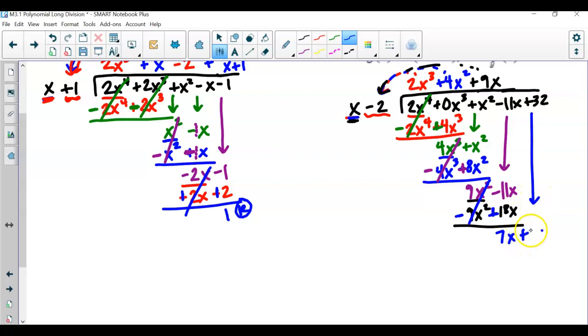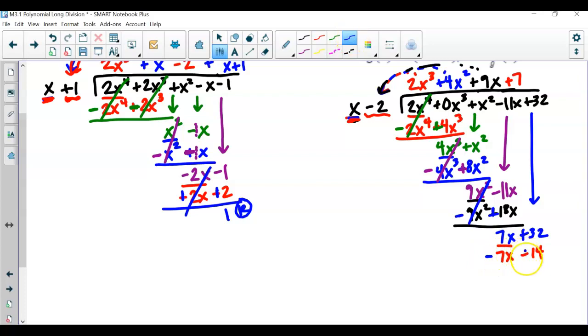Good. Plus 32. Last time, divide the first into the first. So x into 7x. Well, that's just 7, and we already have our 1x that we need here, so just 7. Because when I multiply, there's your 7x, but don't forget to multiply the 7 to negative 2, which is negative 14. Now what do we do?